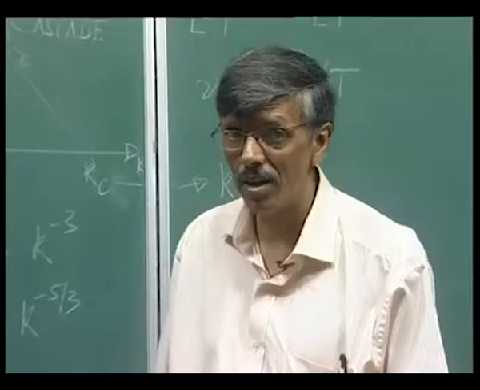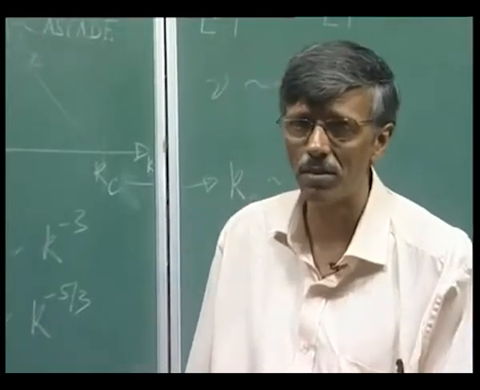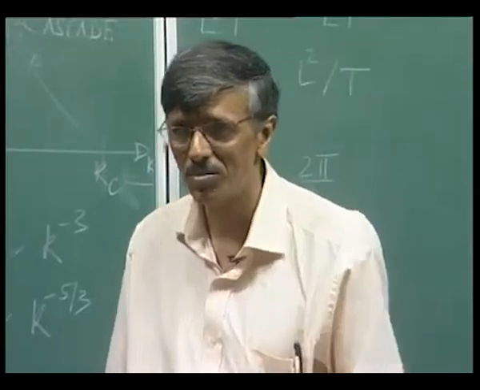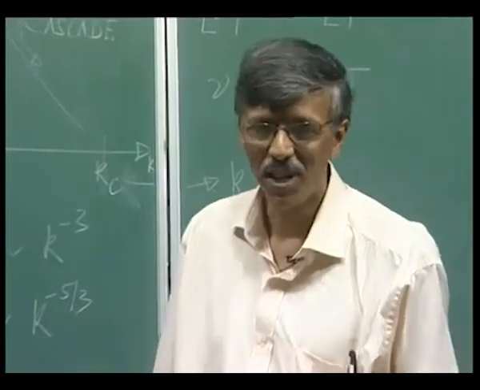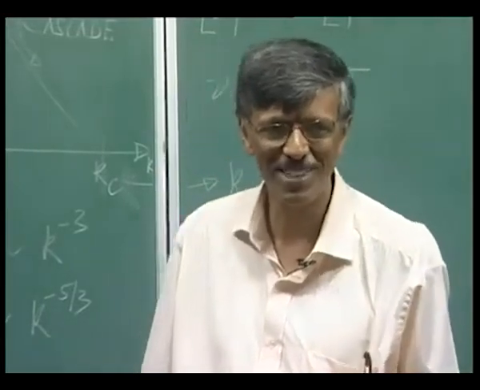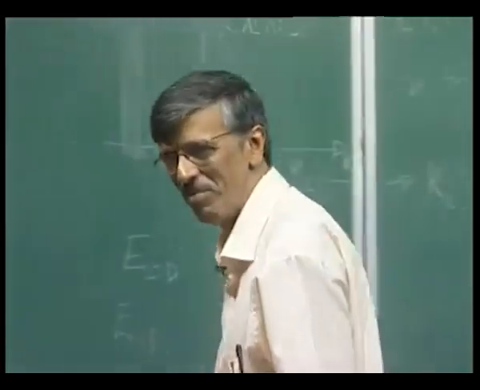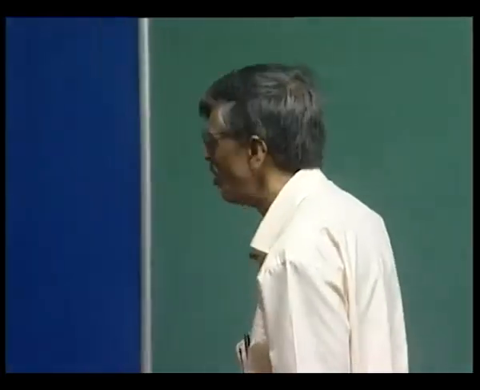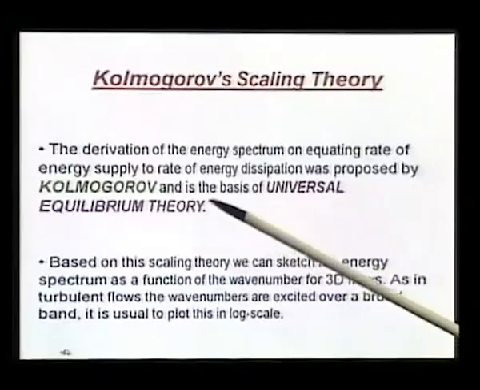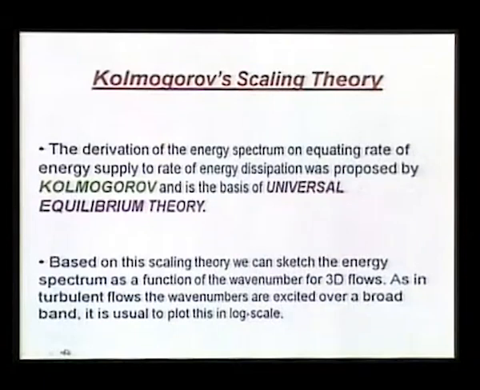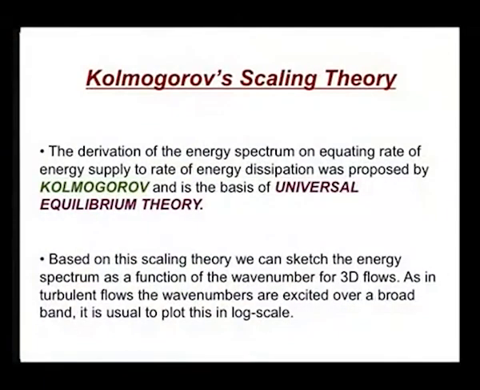It is not necessarily true that it is as simple as what we have done in terms of dimensional analysis. Kolmogorov did it with statistical physics, which is much beyond the scope of this course. I will not talk about it, but we have the gist of it in front of us, and based on the scaling theory, we can sketch the energy spectrum as a function of wave number for 3D flows.